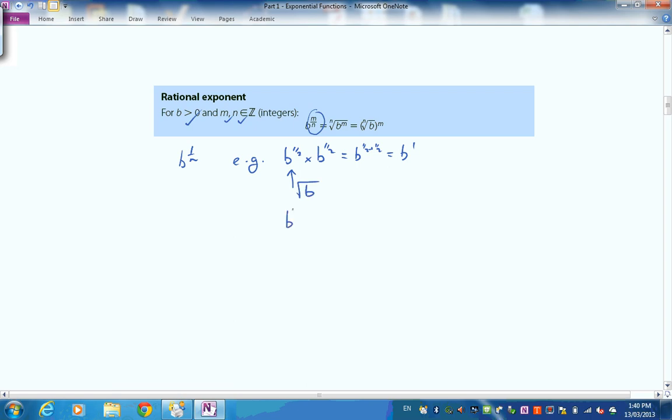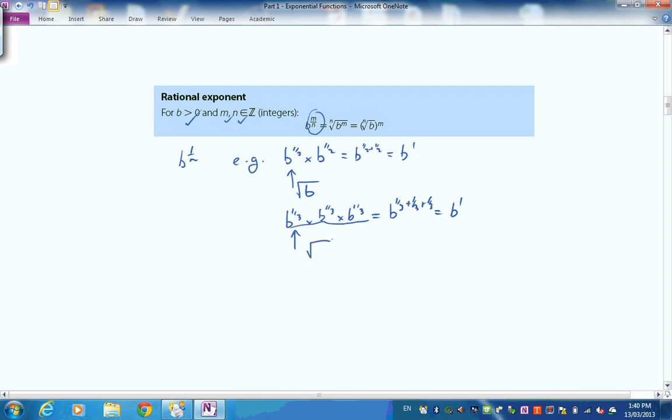What about b to the 1/3 by b to the 1/3 by b to the 1/3? That's b to the 3rd plus a 3rd plus a 3rd, which is b to the 1. In other words, b to the 1/3 is that number which multiplied by itself 3 times gives back b again.